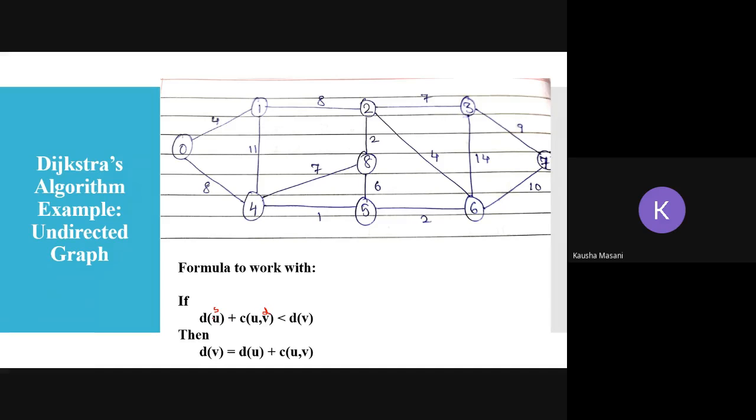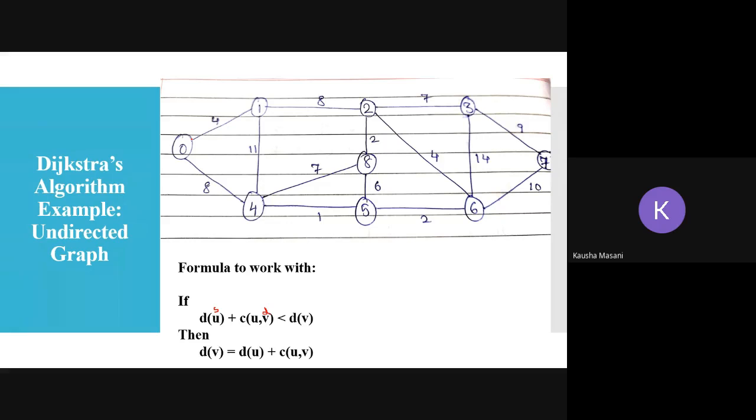If the distance of the source plus the edge weight between source and destination is less than the distance of my destination, then go and update the destination value of the distance. So what we are finding here is the distance, and what we are taking into consideration is the distance of your source plus the edge weight, or say the connection weight, between your source and destination.